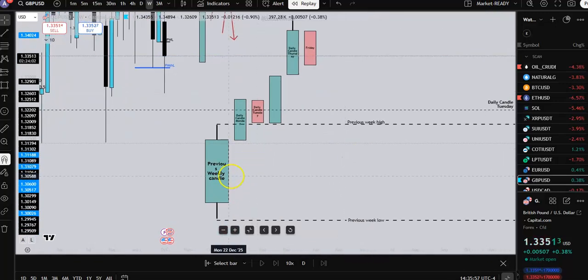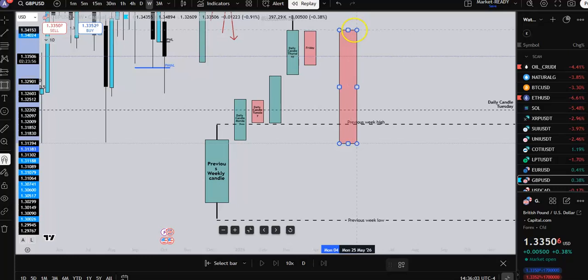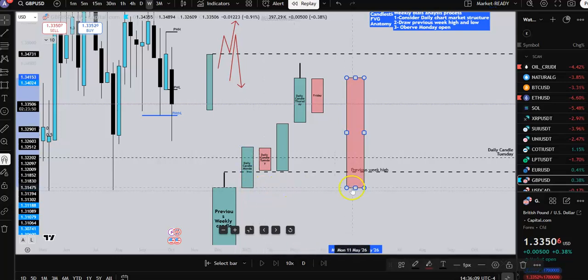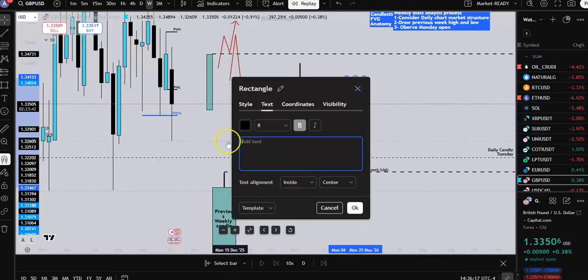So this is the previous weekly candle. The weekly candle of this week, the actual weekly candle, started here. So this was the opening. So it will be a bullish weekly candle.